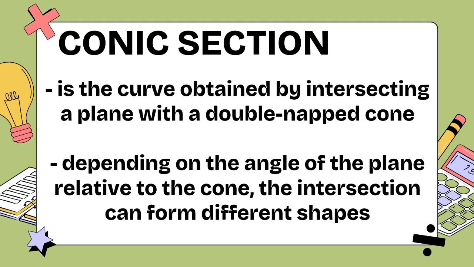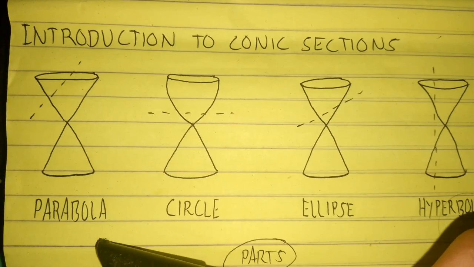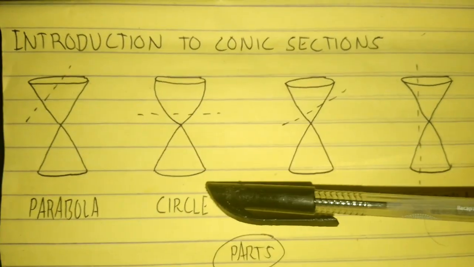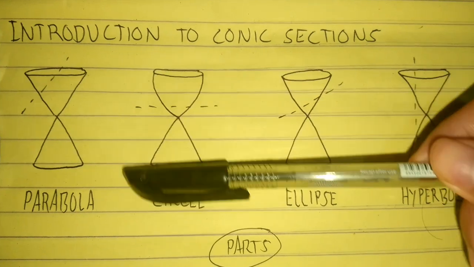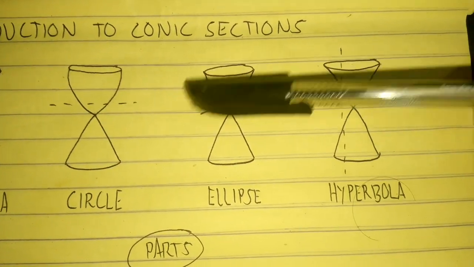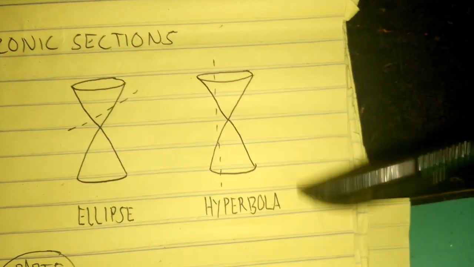And depending on the angle of the plane relative to the cone, the intersection can form different shapes. And yes, here are the different shapes. We have parabola, we have circle, we have ellipse, and finally we have hyperbola.